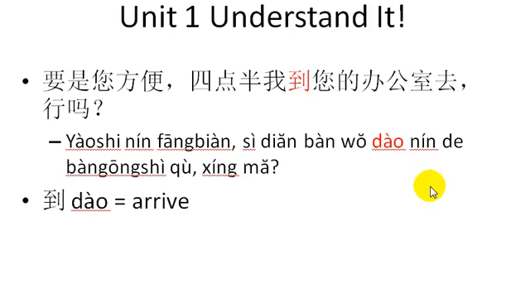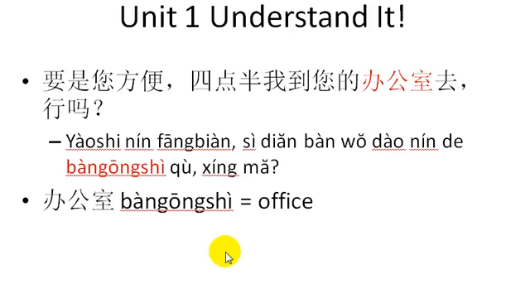In Chinese you don't. 4:30 I will arrive at your what? Let's see. 办公室 is office. So 要是您方便4点半我到您的办公室去.